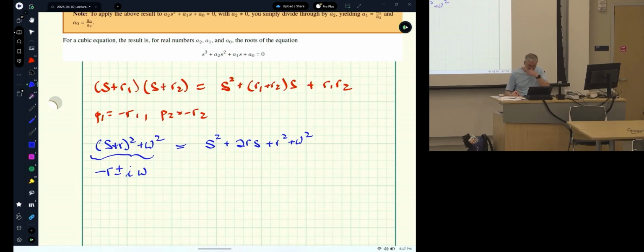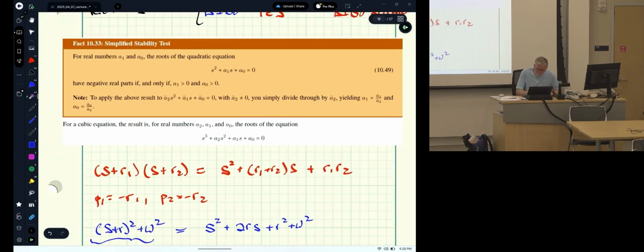So this is the complex case. Okay, so if R is non-zero, this is non-zero. So if R is positive, so that this is negative, then this is positive. And as long as, if it's complex, omega is non-zero, so this term is automatically positive.